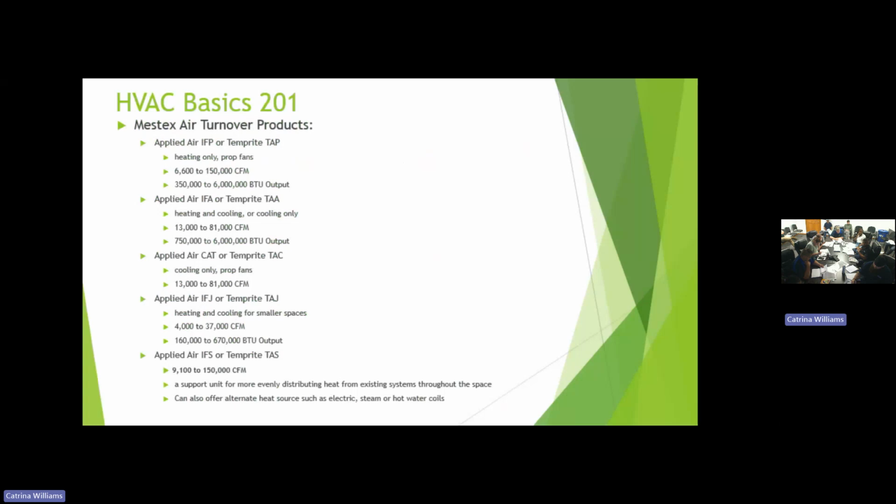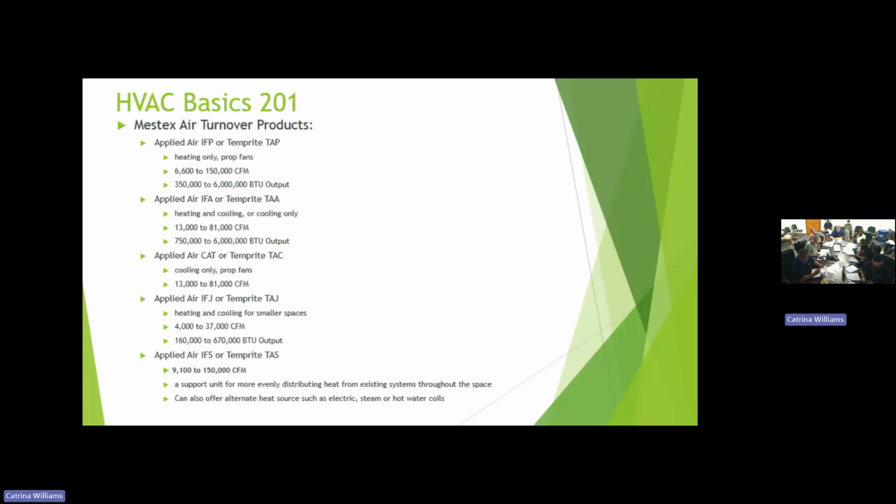We have also the IFS or TAS. This is more what we call a support unit. There's no heat in it per se. You might have a building, we've had these before, where they've got a dozen Sterling gas-fired unit heaters, perfect example. They're putting heat in the space, but they can't get the air down to the floor. It's all rising up and not going down there.